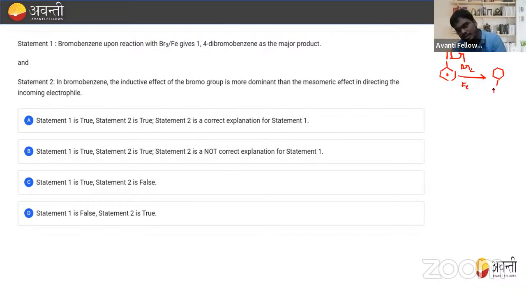So you'll get one Br here and another Br at the para position, giving 1,4-dibromobenzene. So this is absolutely correct.